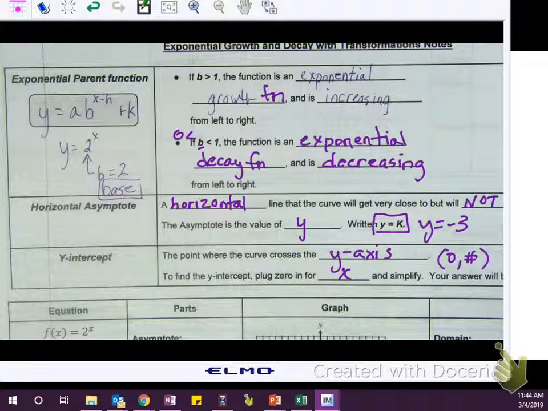If you do not write it as a point, it will be wrong. No partial credit. At the beginning of the year, I let you ease into things and just tell me the value. But when we started second semester, I told you that from now on, x-intercepts and y-intercepts must be written as a point.